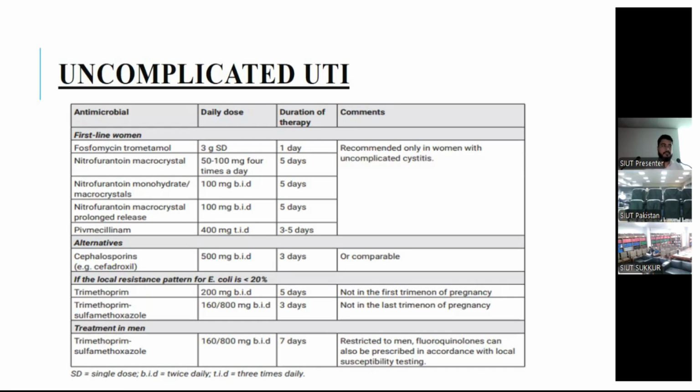It forms a gel-like material in the GI tract and slowly releases the nitrofurantoin. That's why it has less frequency of administration. So for men, trimethoprim sulfamethoxazole 160 by 800 twice daily is given for 7 days.